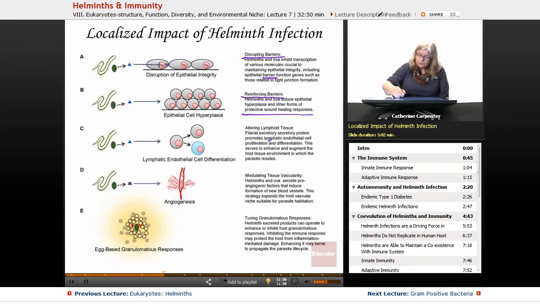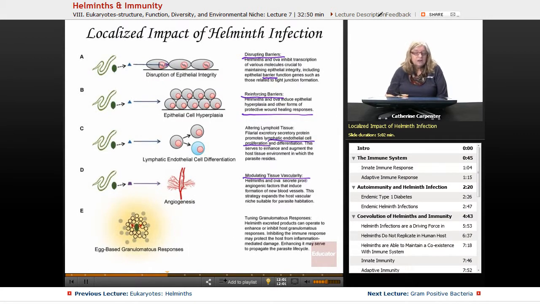They promote lymphatic endothelial cell proliferation and differentiation, and in some cases actually enhance these immune cells in the lymphatic system. But also they can induce angiogenesis as well.